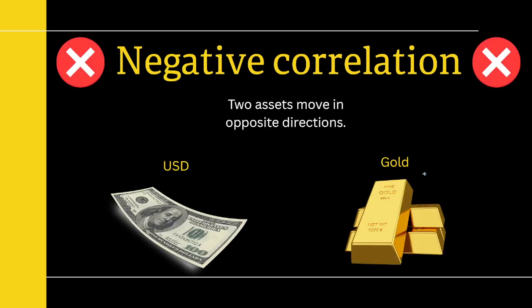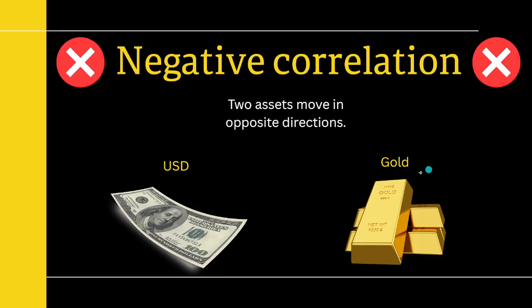The second type of relation is a negative correlation. What does that mean? It means that two assets move in opposite directions. For example, the USD against gold. When the USD goes up, it means that gold goes down, and vice versa.